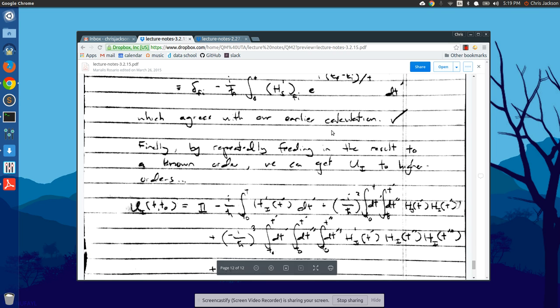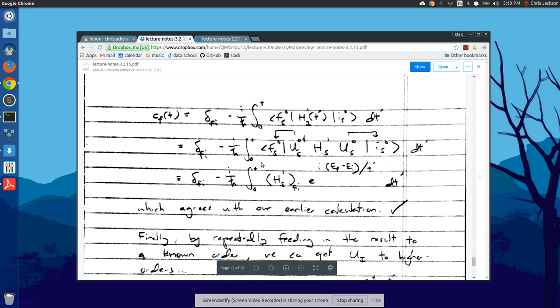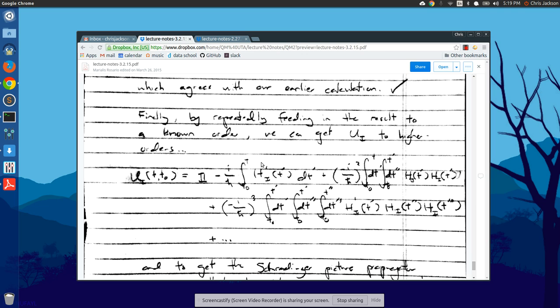The way you do this is, when you want to compute the time evolution operator to higher orders, you have to recursively feed the solution back in.